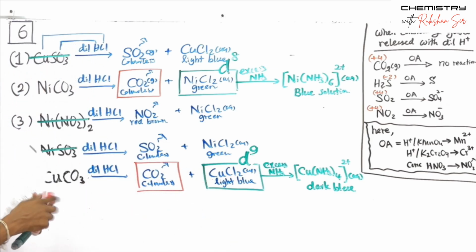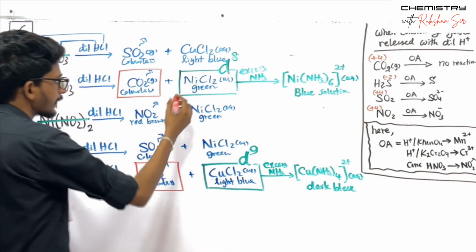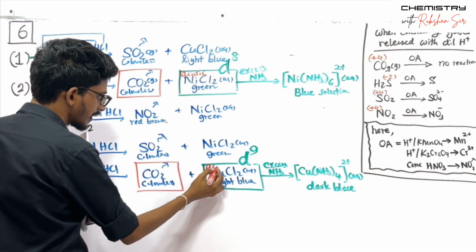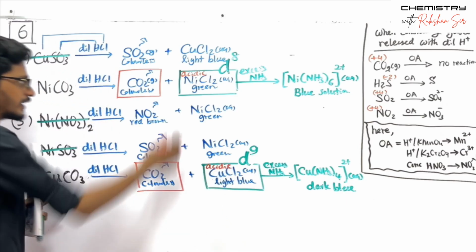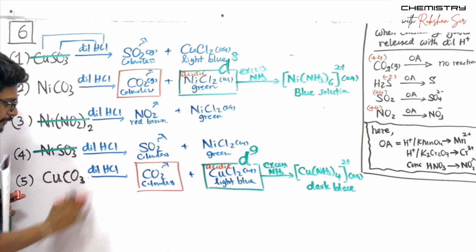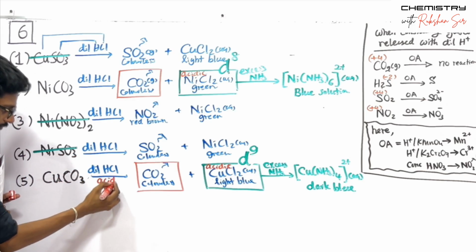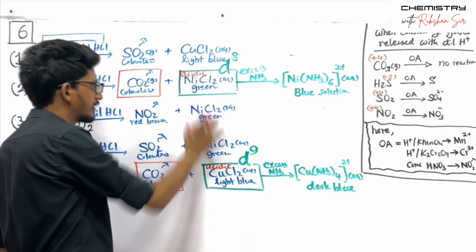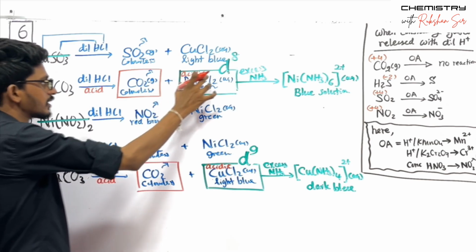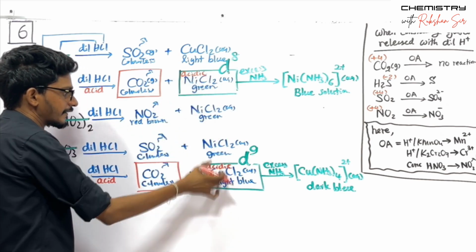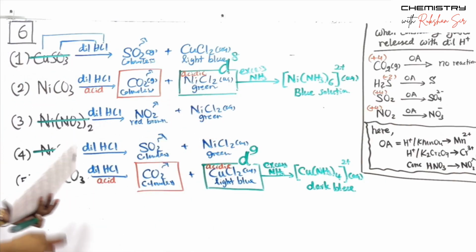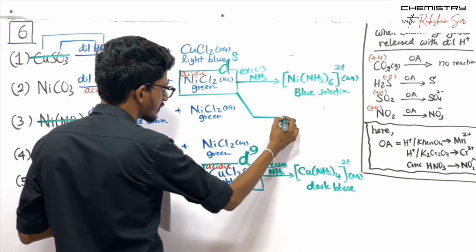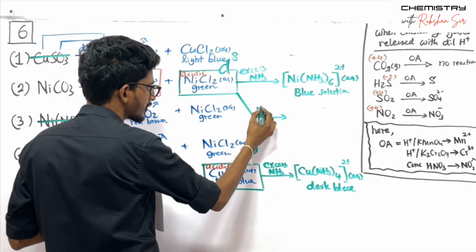These are obtained after adding dil. acid, dil. H plus. After adding dil. H plus, you obtain these solutions. So in acidic medium you have these compounds, right? To that you are adding H2S. So it is kind of acidic medium H2S.